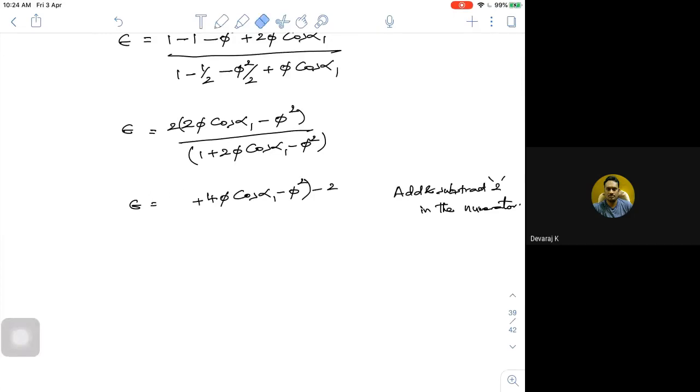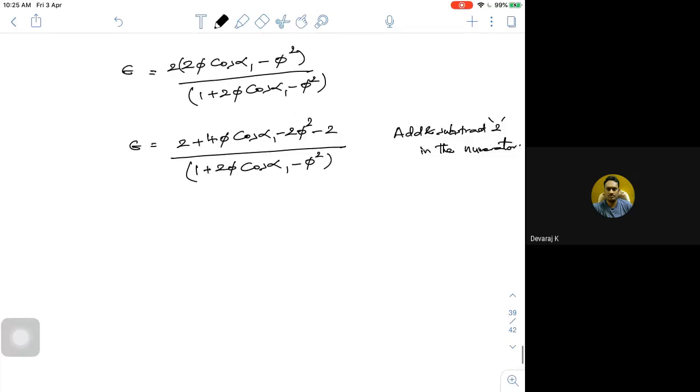This will be 2 phi square, this will be minus 2 phi square minus 2. My denominator will be 1 plus 2 phi cos alpha 1 minus phi square as it is.